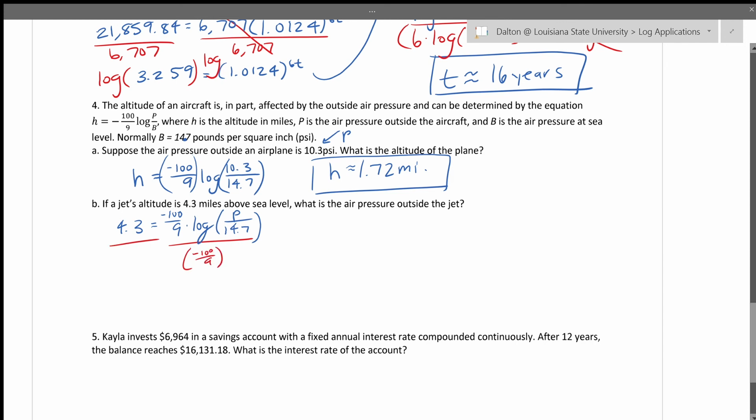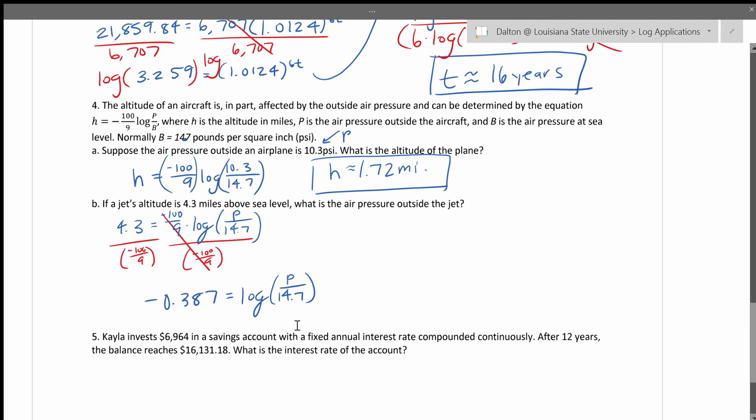That is the same thing as multiplying by negative 9 over 100. However it is that you want to think about it and compute it is up to you. Either way, when you do that to both sides, you should end up with negative 0.387 equals, and then on the right side we're left with the log of P over 14.7.